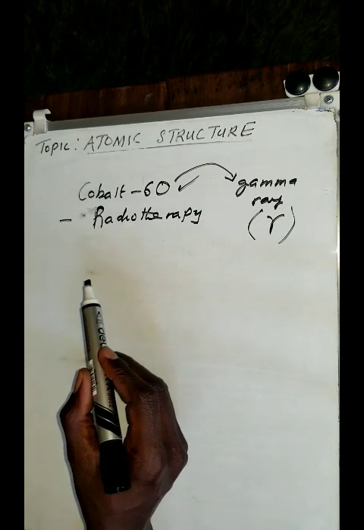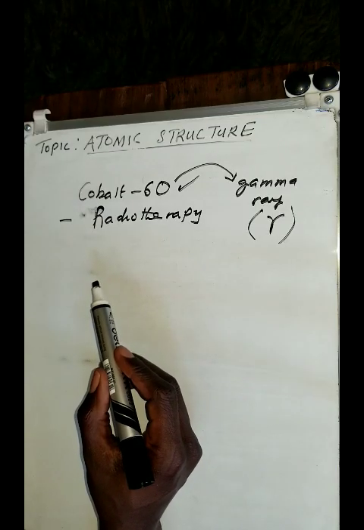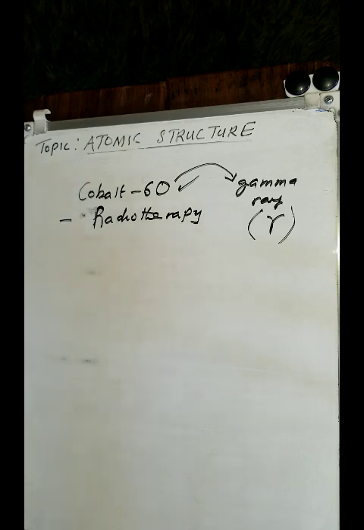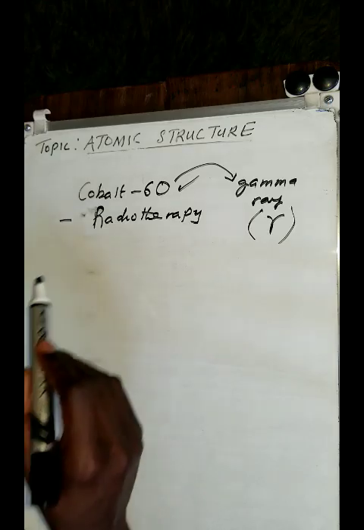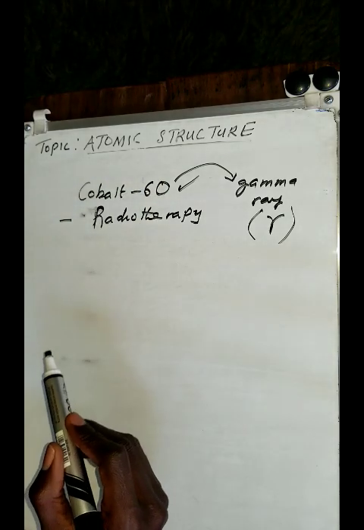Sometimes cobalt 60 can also be used in killing germs and bacteria. In many countries, foods such as vegetables, fruits, spices and meat can be treated with a low dosage of radiation, which can include cobalt 60.